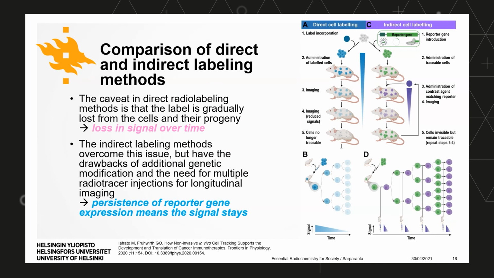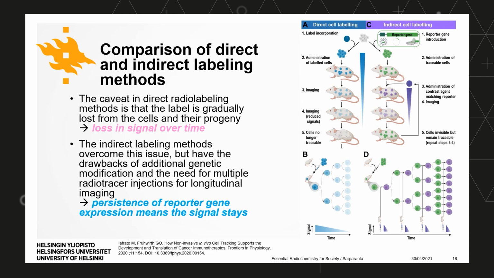Now when we look into direct cell labeling and then the indirect cell labeling methods, we can already see that the foremost caveat in direct radiolabeling methods is that the label is gradually lost from the cells and their progeny.